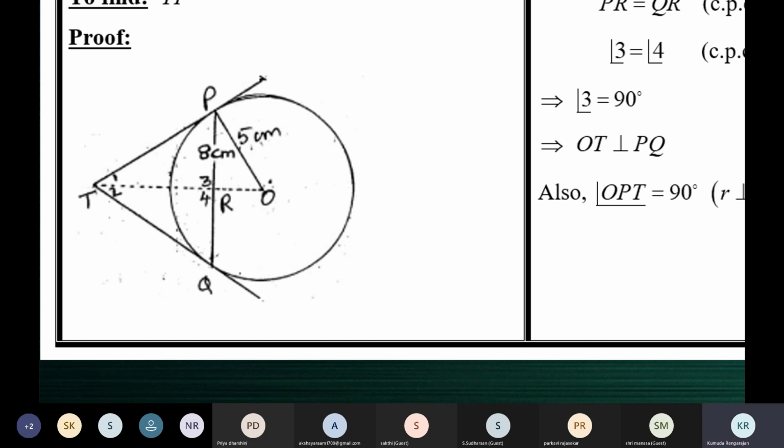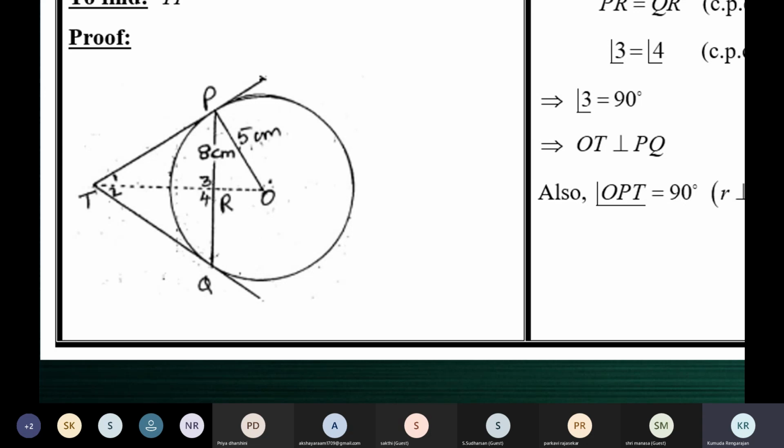The length of the chord PQ is 8 centimeters. This question is mostly asked, so I can say it's an important question.